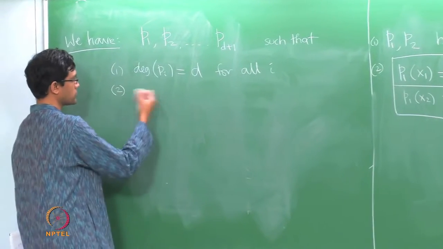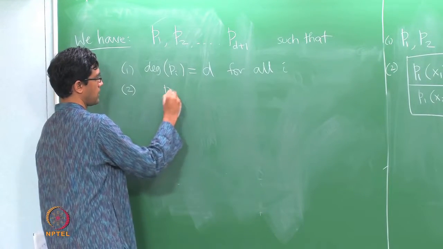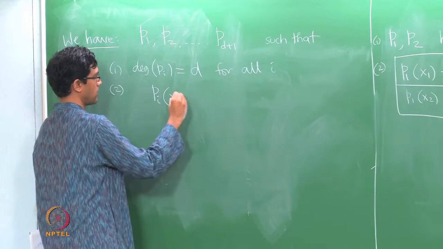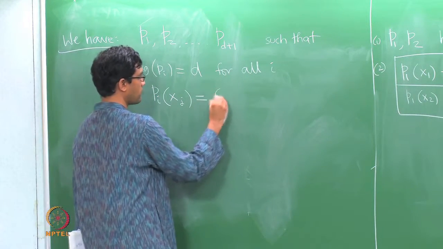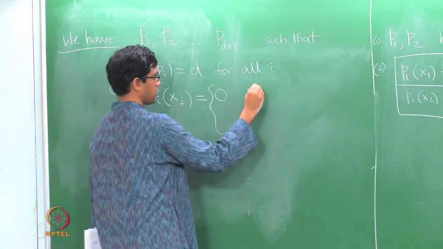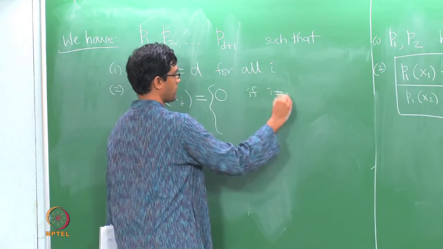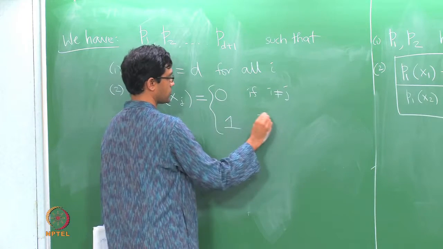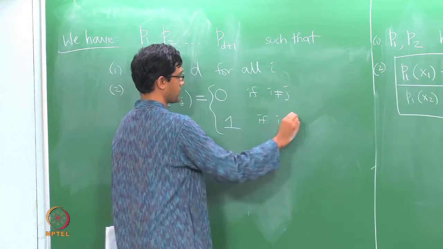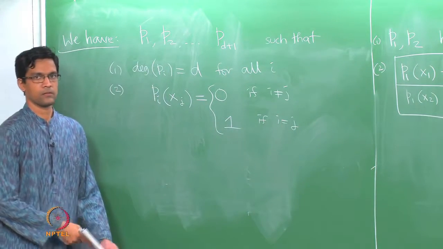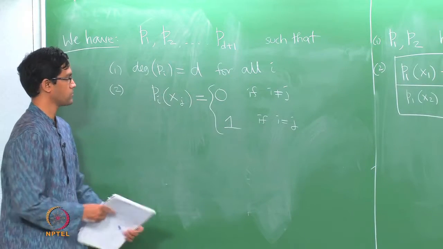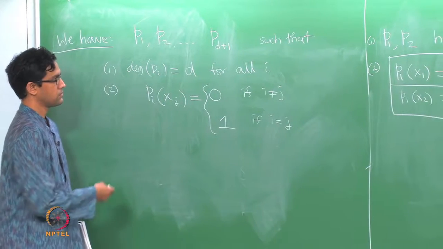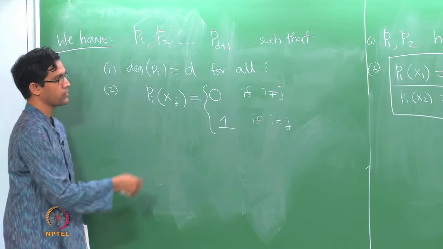And property 2, which is sort of the key property, is that pi vanishes on xj. So pi evaluated on xj will give you 0 if i is not equal to j, and it will give you 1 if i equals j.